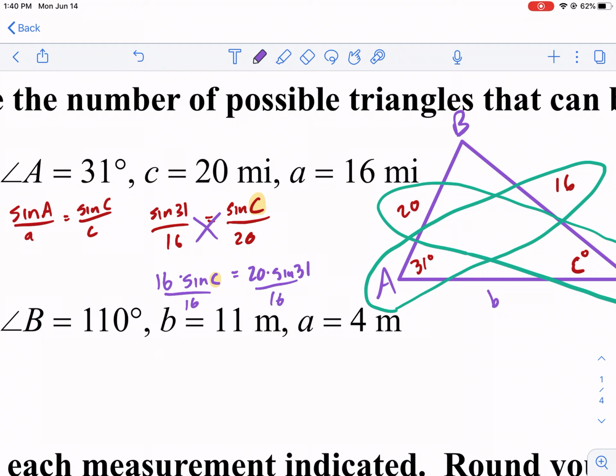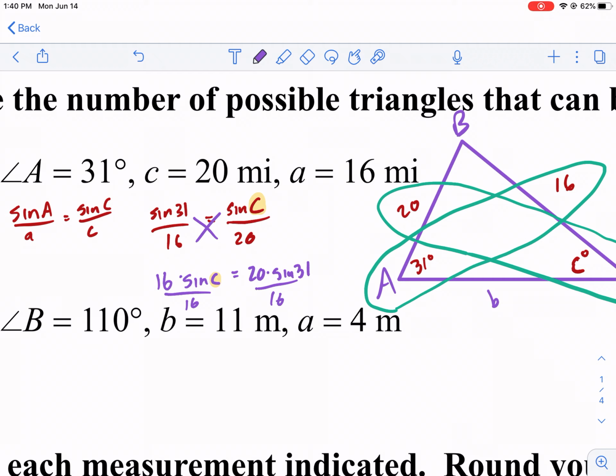Now I'm going to go ahead and type this on my calculator. I have sine of 31, and I don't have a graphing calculator, so I'm just doing sine 31 times 20. Okay, so I get about 10.3, and then I still have to divide that by 16.